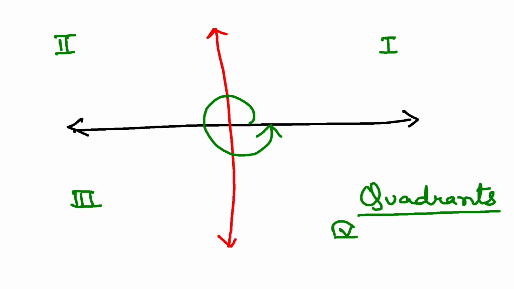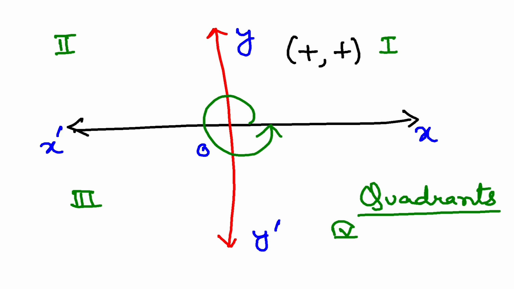Okay, this is x, this is origin O, this is y, this is x dash, this is y dash. In the first quadrant your x is positive, y is also positive, so this is positive comma positive. In the second quadrant x is negative, y is positive. In the third quadrant x is negative, y is also negative.